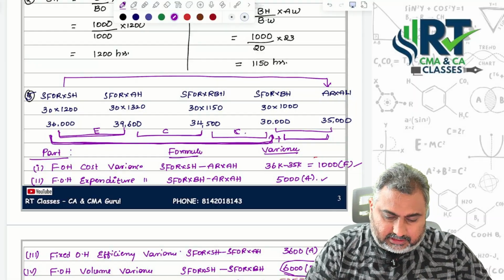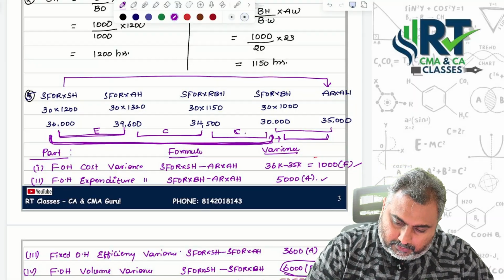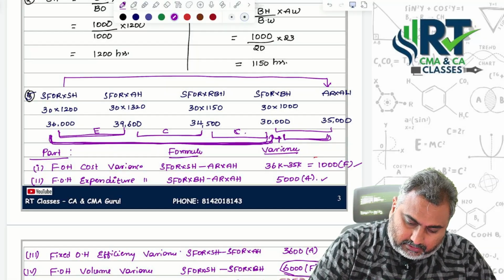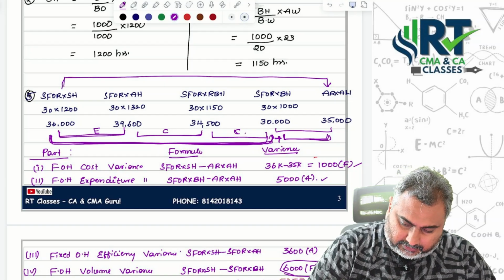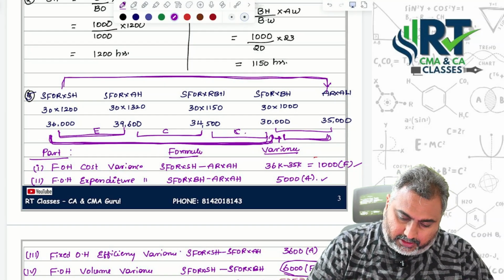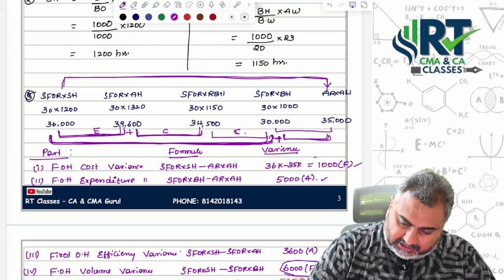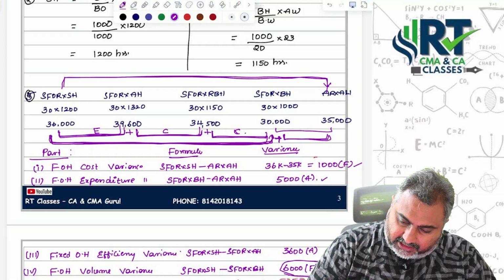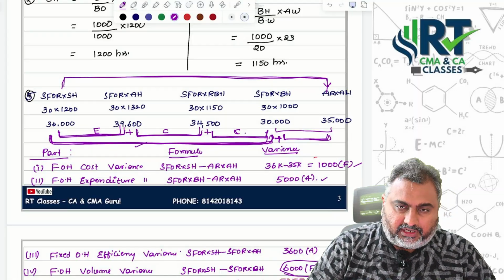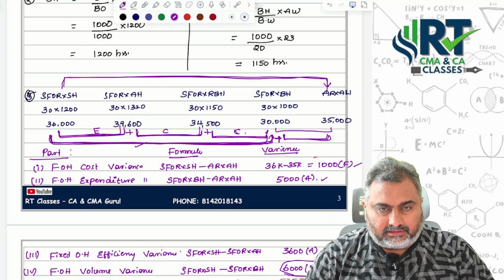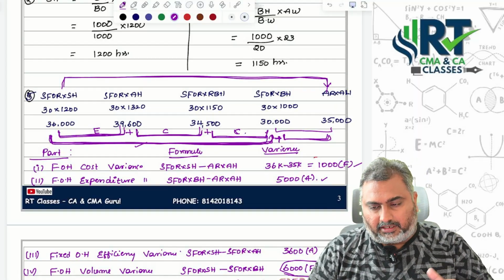You can see the things. So your volume plus expenditure equals cost variance, this one, and your efficiency plus your capacity plus your calendar variance, combined, what will you get? Volume variance itself. Like that also you can cross check whether you did it correctly or not.